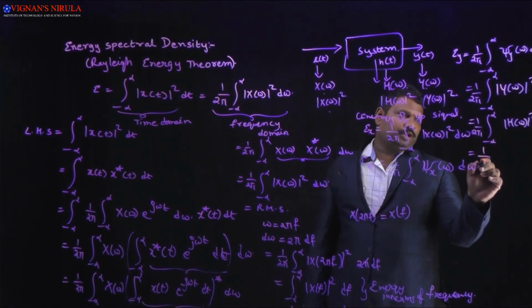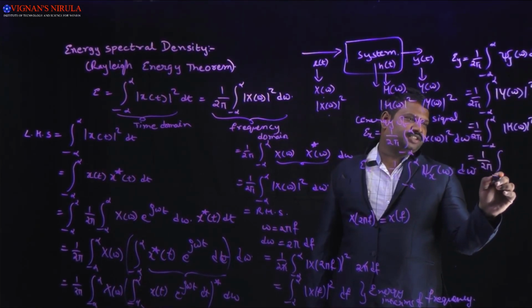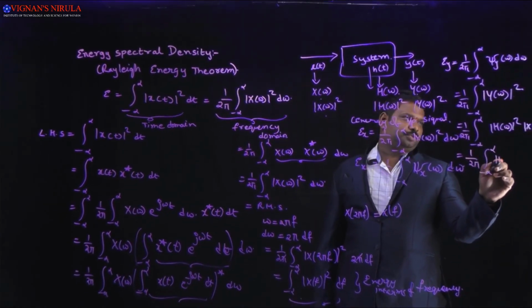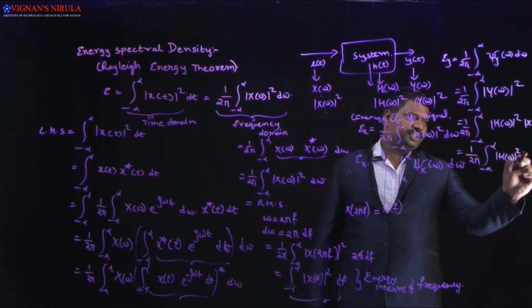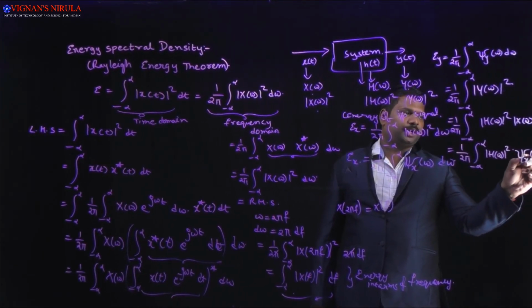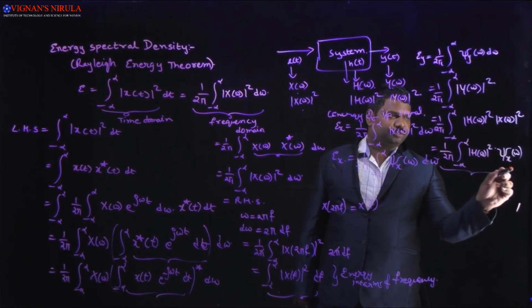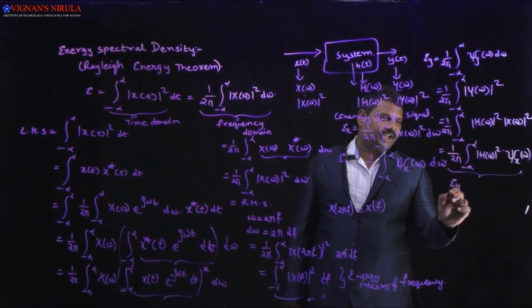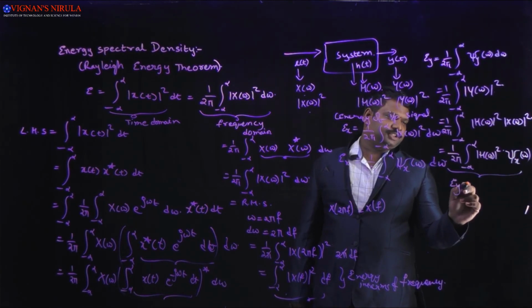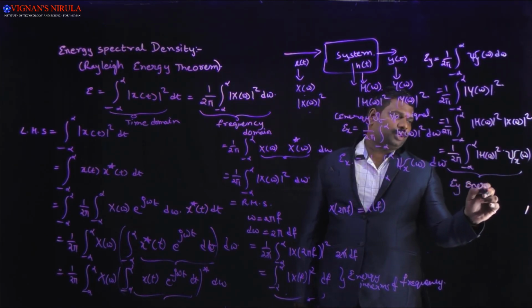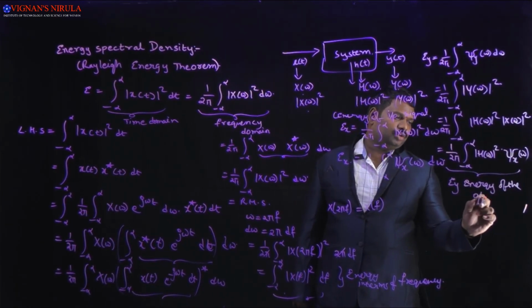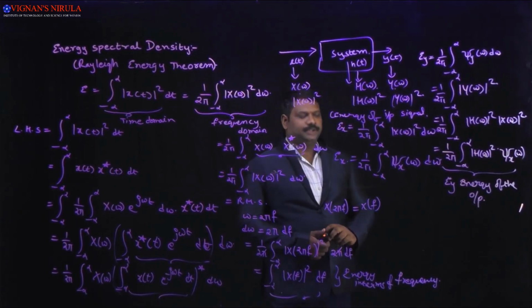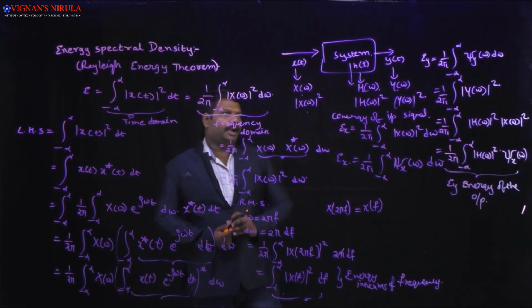So this is 1 by 2 pi from minus infinity to infinity of mod of H of omega whole square, and this one is psi x of omega. Therefore, this becomes our energy expression, the energy of the output signal.